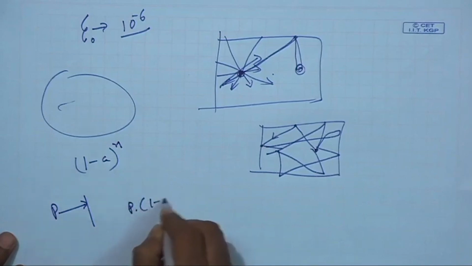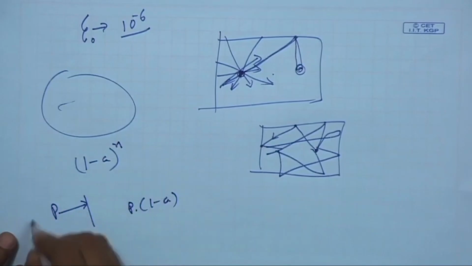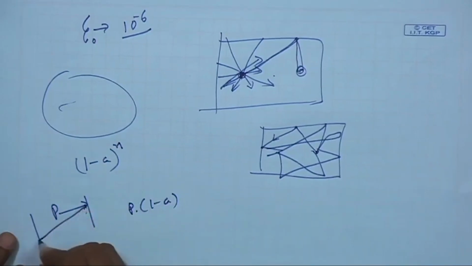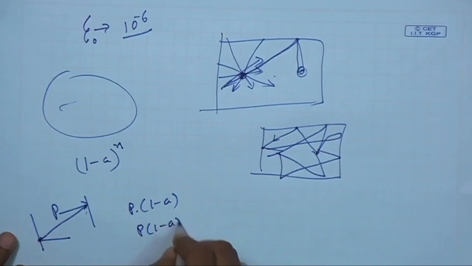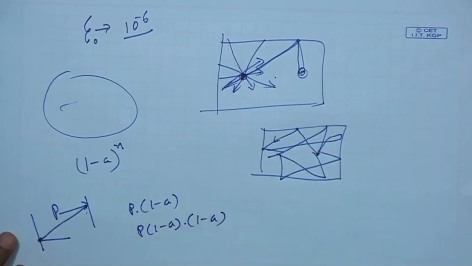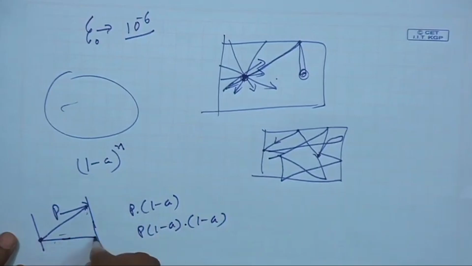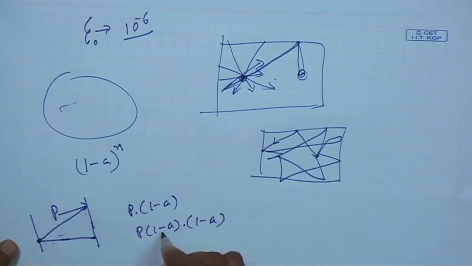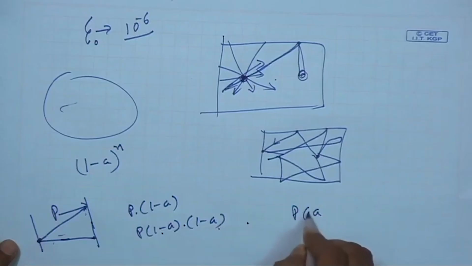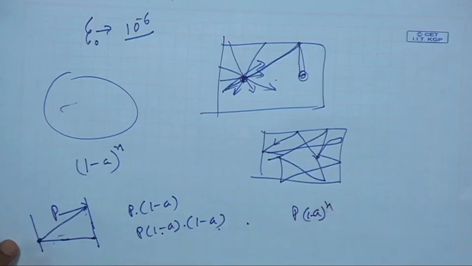P into 1 minus A is reflected, and that is incident on another wall. So, it will be P into 1 minus A into 1 minus A, then it is reflected on another wall. Let us say n times it is reflected, so this is 1 minus A, n times. So, it is nothing but P into 1 minus A to the power n.